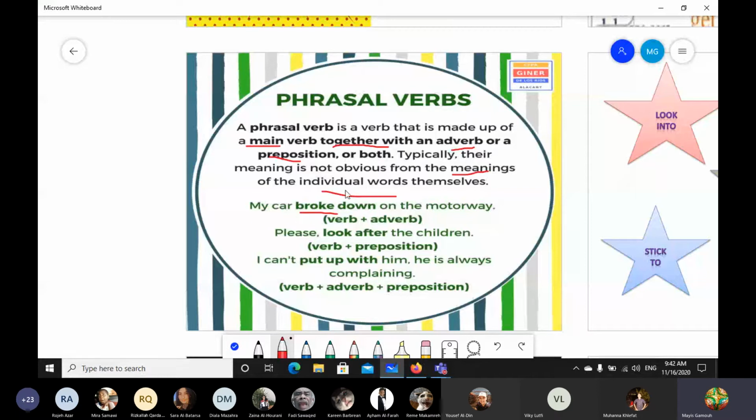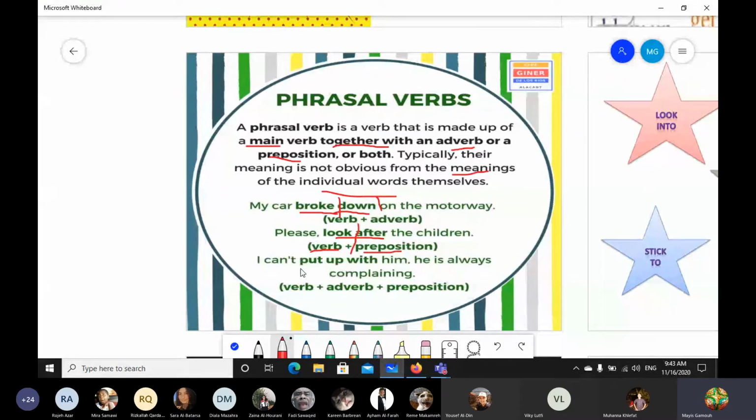When we said 'broke down', it has a totally different meaning from 'broke' as an individual verb and 'down' as an adverb. And 'look after' here means take care of the children, and it has a totally different meaning than 'look' itself and the preposition 'after' itself.